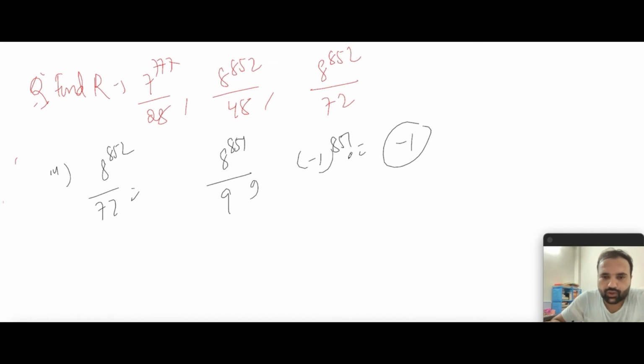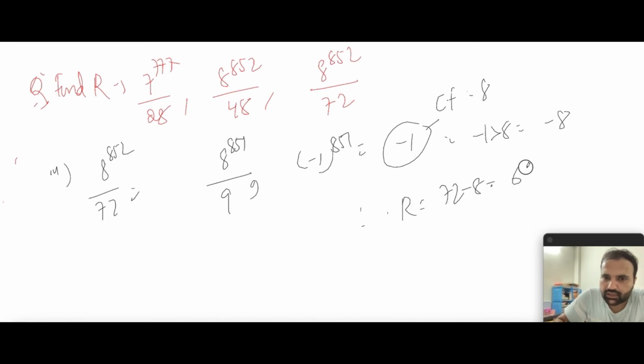So first we have to make sure it is positive, but before we do that, we have to check what would be our final remainder. We know that the cancellation factor is 8, so it should be minus 1 into 8, which is minus 8. Therefore, the remainder would be 72 minus 8, which is 64.